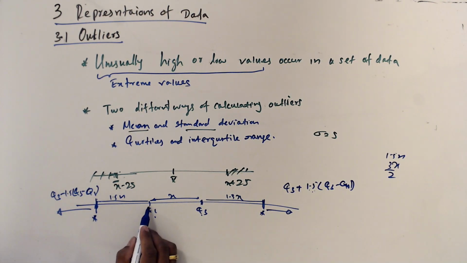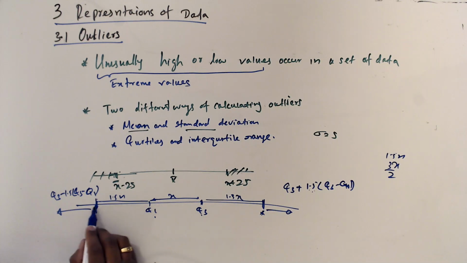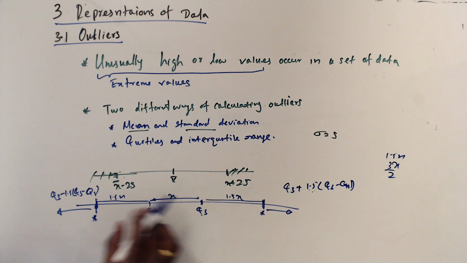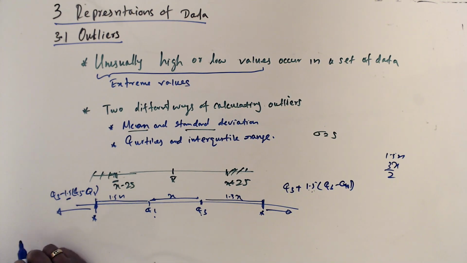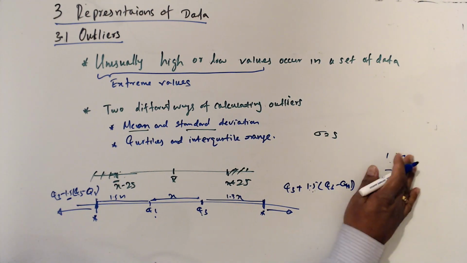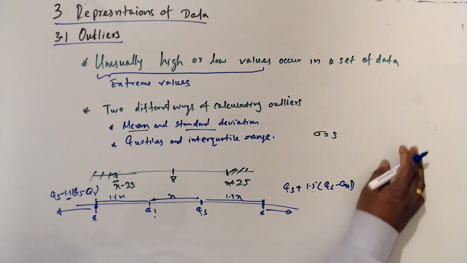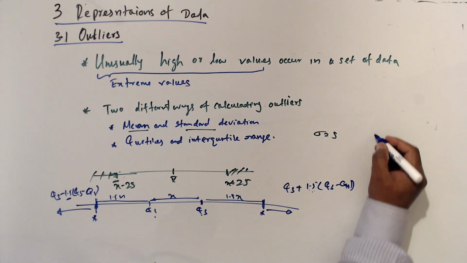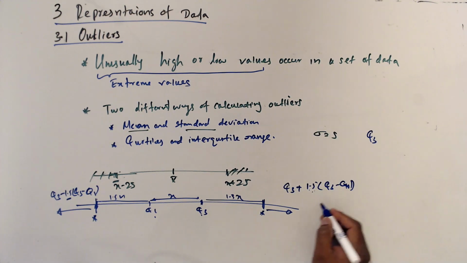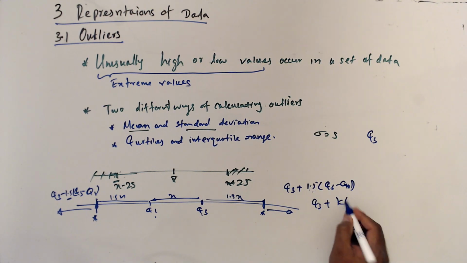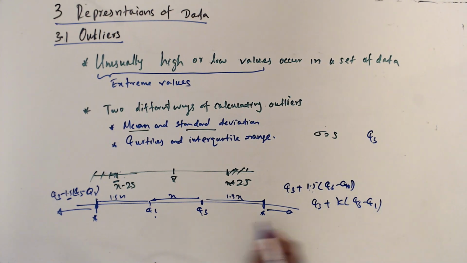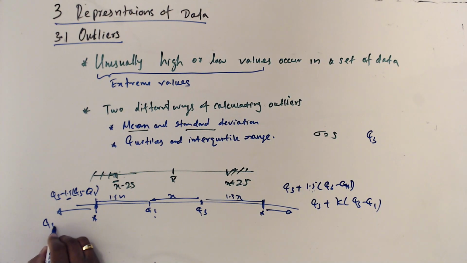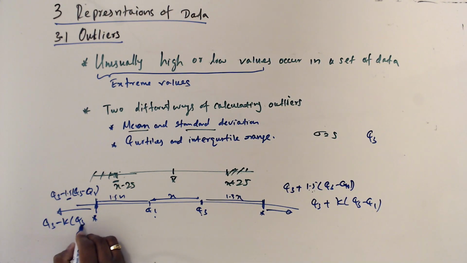It means take away from Q1 1.5 times this gap. But this factor, 1.5 or 2, you can adjust. The standard form is Q3 plus k times (Q3 minus Q1), and Q1 minus k times (Q3 minus Q1).